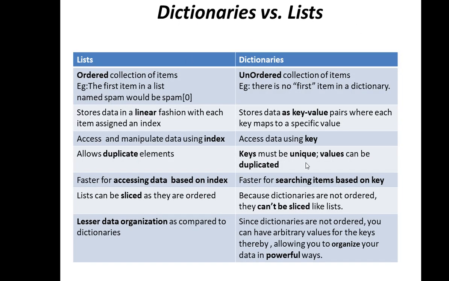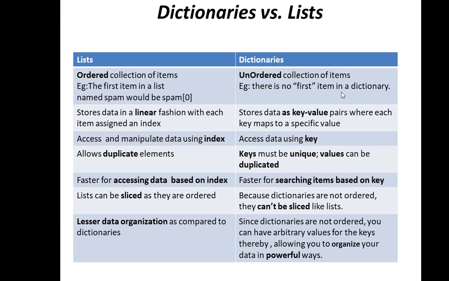So let's see the difference between lists and dictionaries. Lists are an ordered collection of items, whereas, as we already saw, dictionaries are unordered. They don't have to be sequenced. In a list, the first item would start from index 0. If I have a list called spam, the first item can be accessed by saying spam[0], within square brackets.